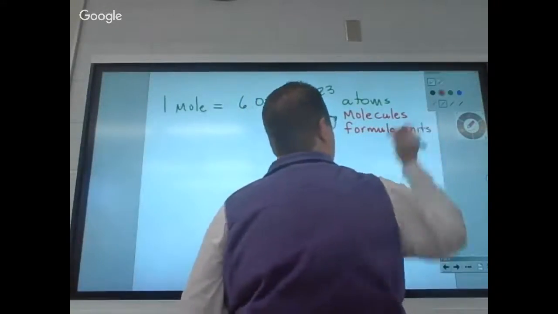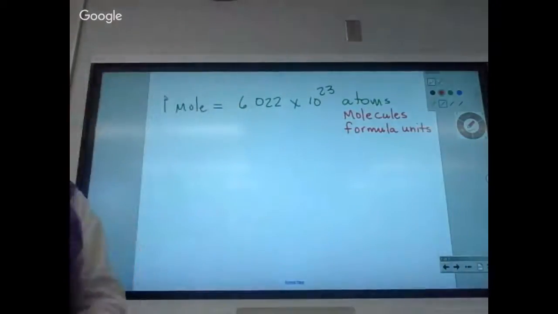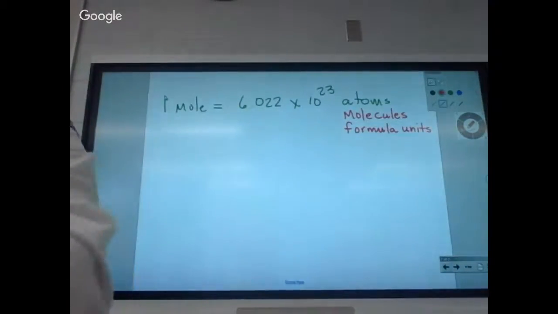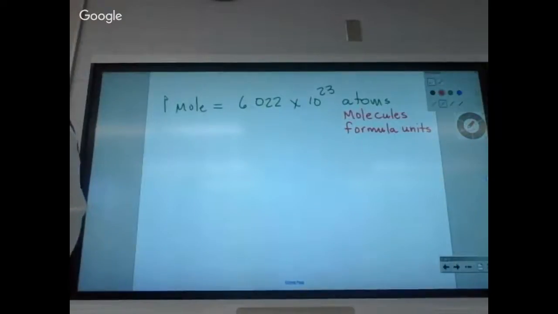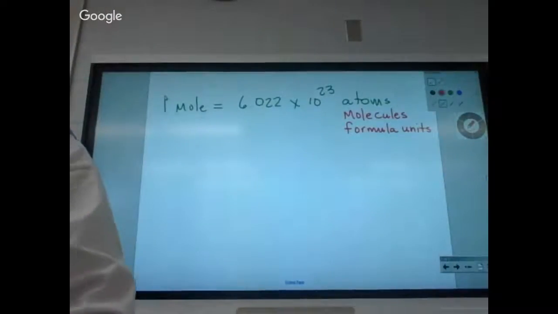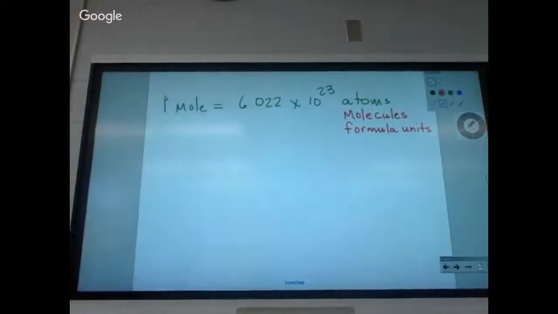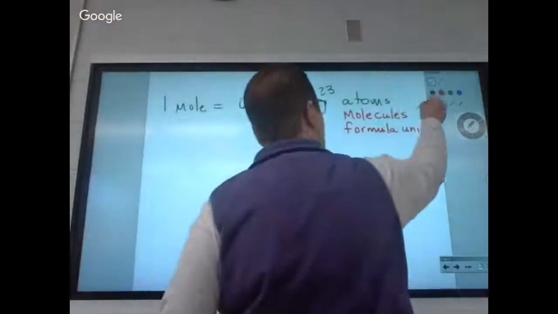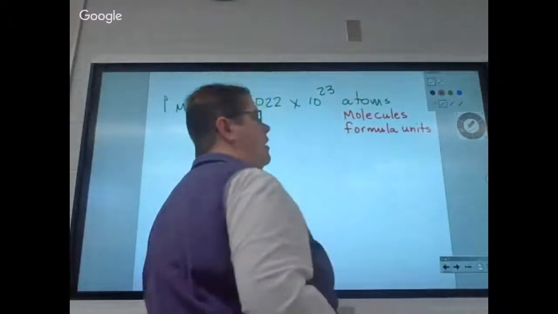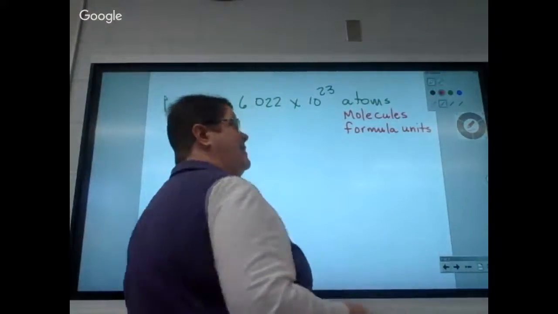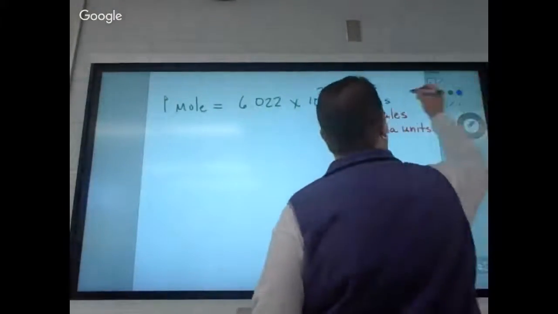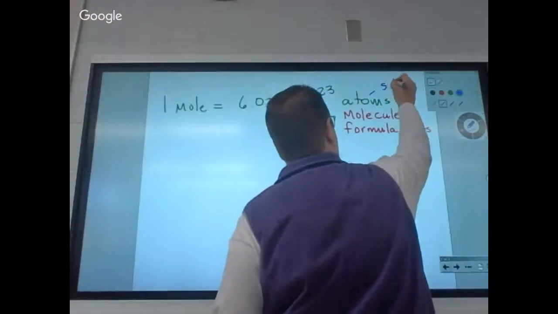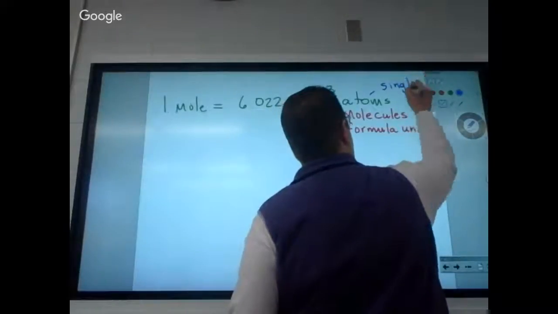I want you to think of it as we went to the store to get a dozen eggs, a dozen cookies, and a dozen cupcakes. How many are in a dozen? It doesn't matter if we say atoms, molecules, or formula units. The only thing that makes this different is an atom is a single element.